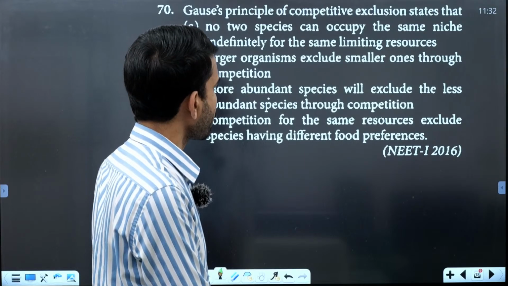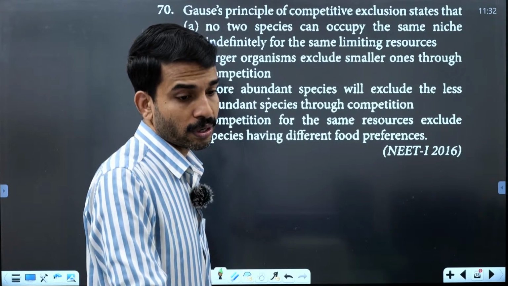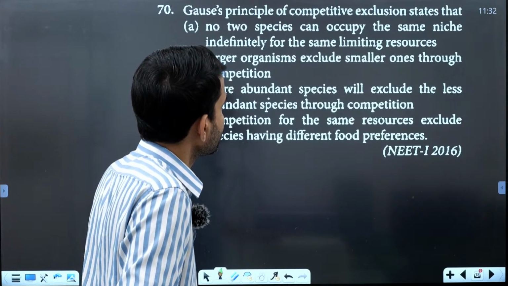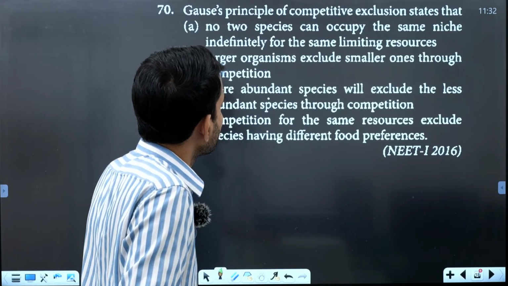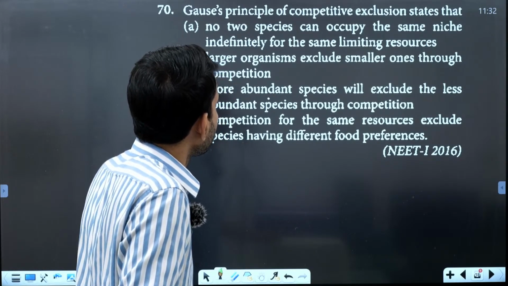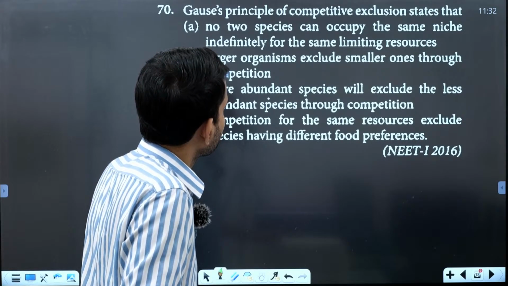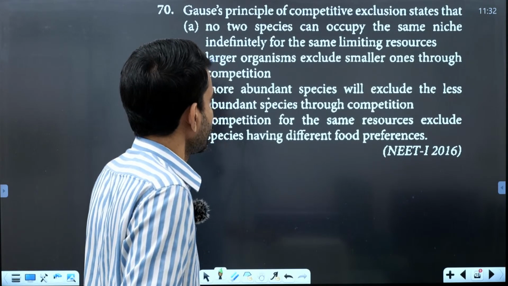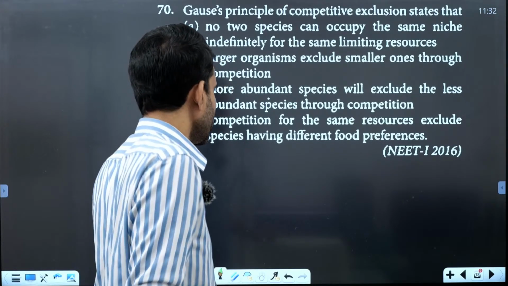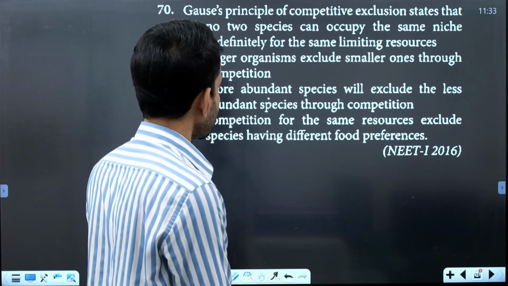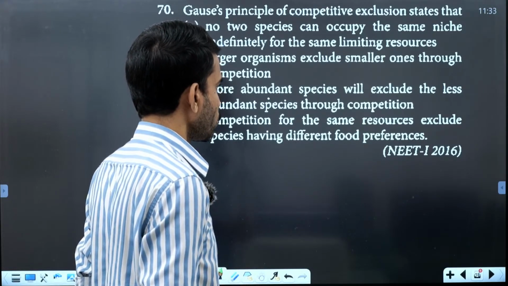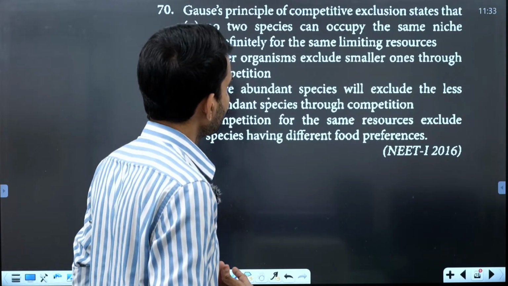And D, competition for the same resources excludes species having different food preferences. We'll just check it.